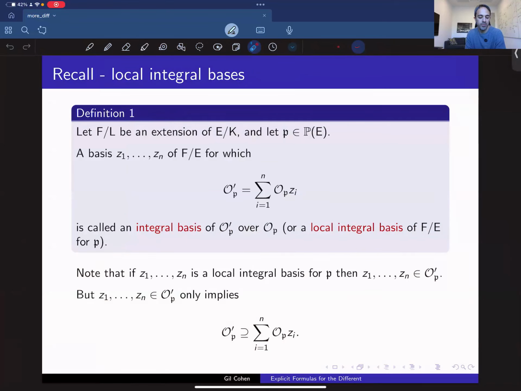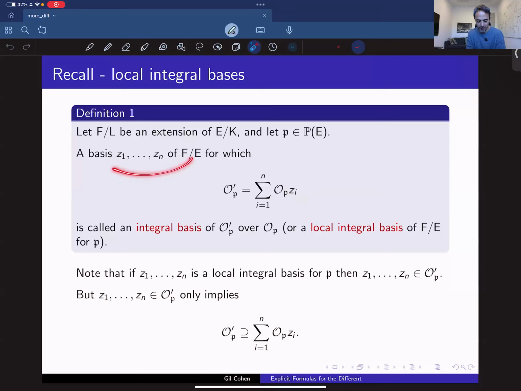And just as a reminder, recall that if F over E is a function field extension of K, and you take a small prime divisor in the smaller function field, then a basis of F over E, just field extensions, for which the following holds, namely for which every integral element over P in F can be written as a linear combination of these z_i's, your basis, but the coefficients are not coming just from E, but rather just from O_P.